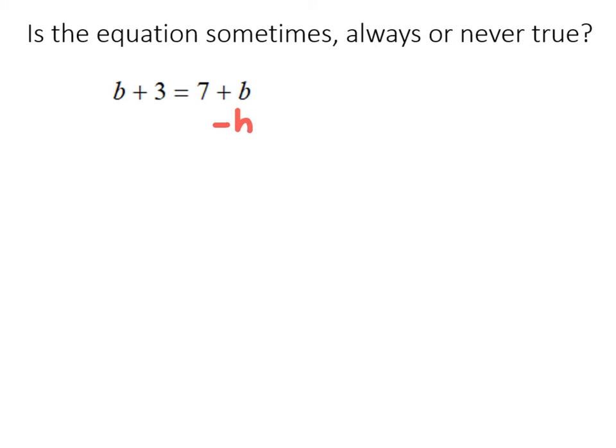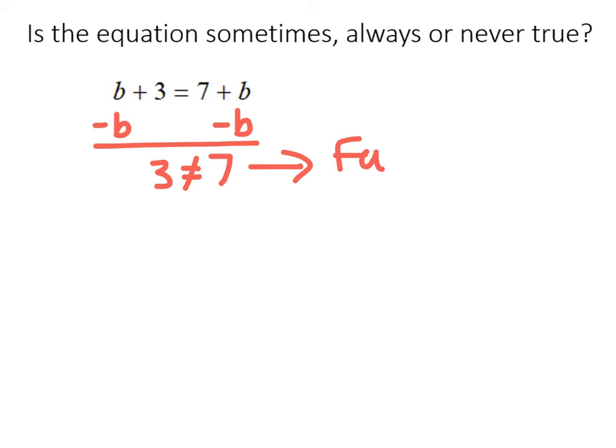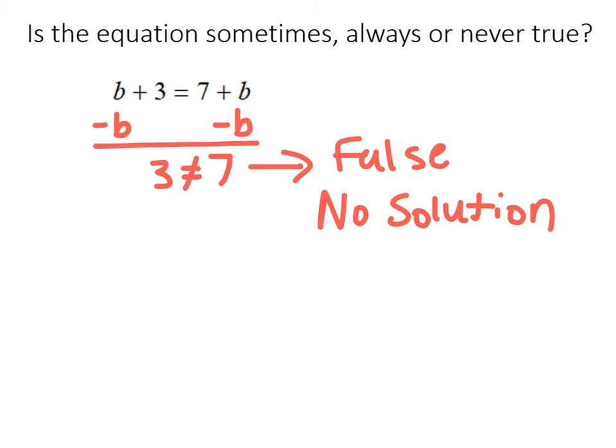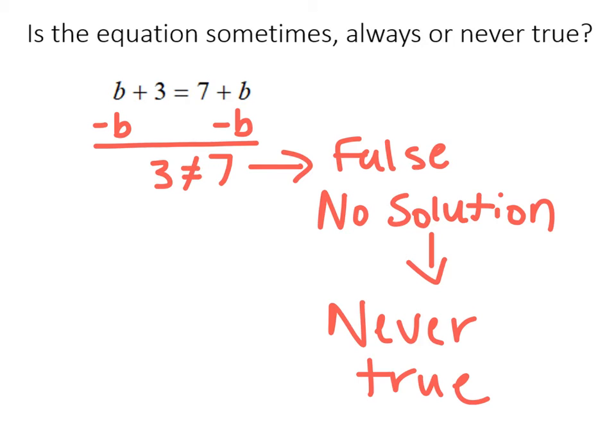So I'll subtract b from both sides, which will give you that b minus b is 0, so there's nothing left. 3 carries down, 7 carries down, and b minus b is 0. Now since 3 does not equal 7, that indicates that it's false or no solution. Since it is false or no solution, we could then say that the equation is never true, or there's no number that we could substitute for the variable to make it a true statement.